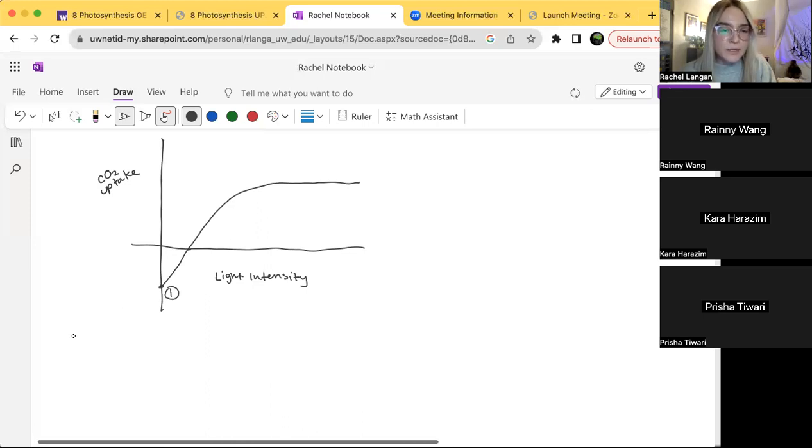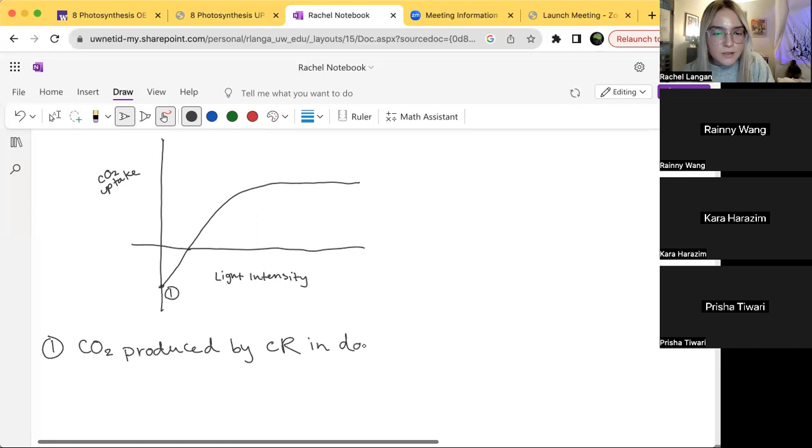That first point represents the amount of CO2 produced by cellular respiration in the dark. So at light intensity 0, CO2 uptake is negative because it's just cellular respiration happening.